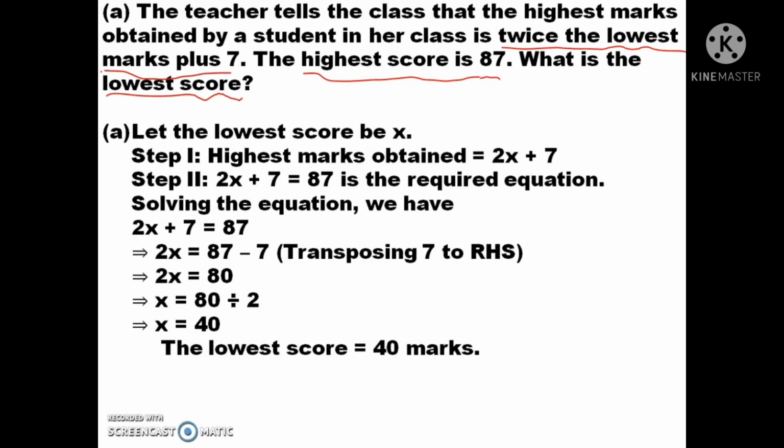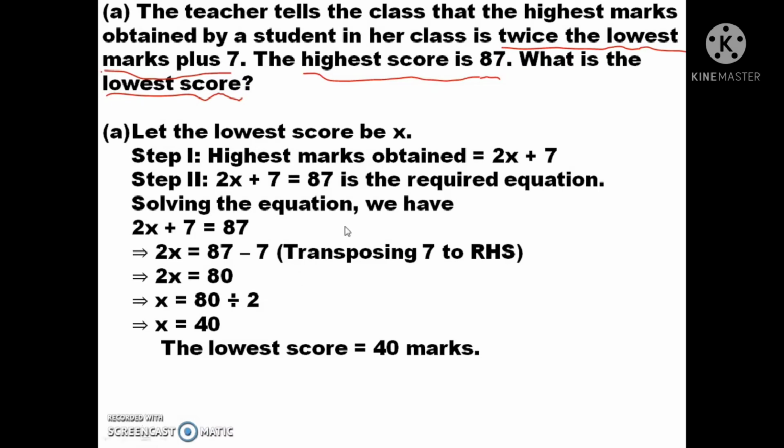So students, what was the first thing I did in solving the problem? First, I read the question. Then I again read the question part by part. Then I converted the statements given in the question to a mathematical equation and then solved the equation.